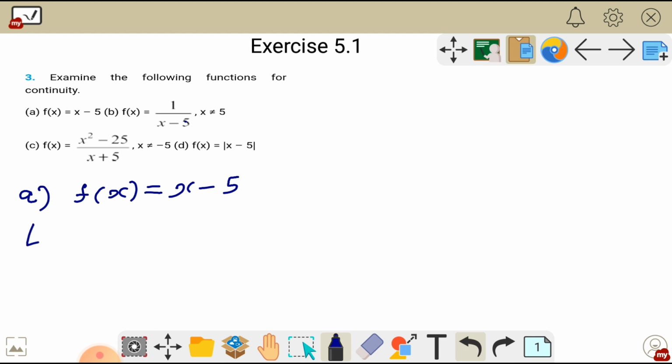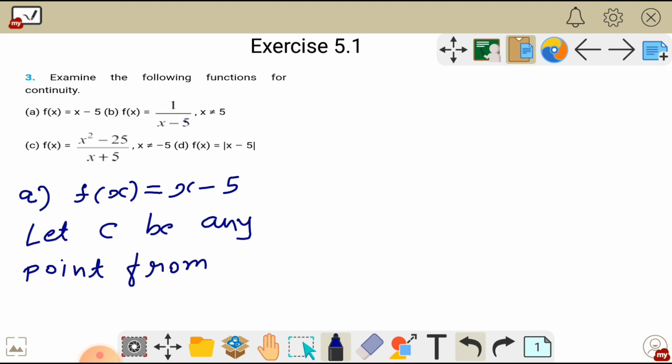So let C be any point from the domain of f.